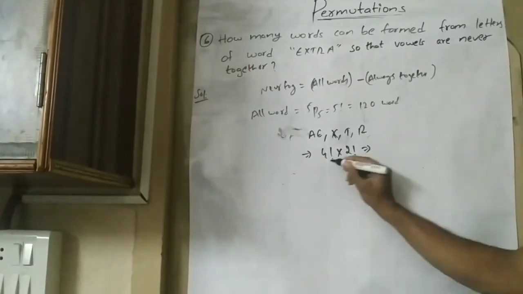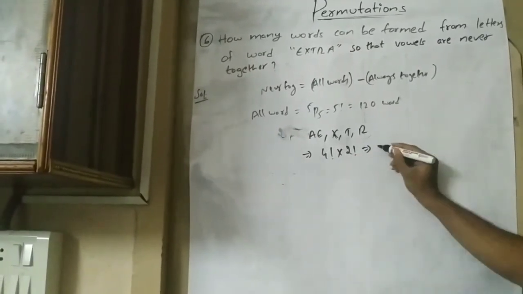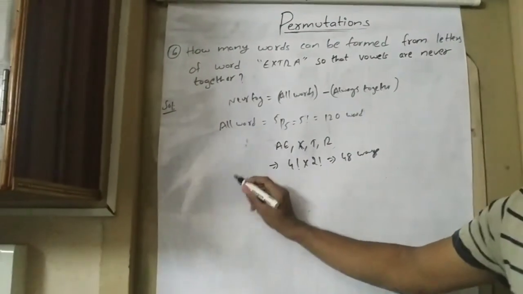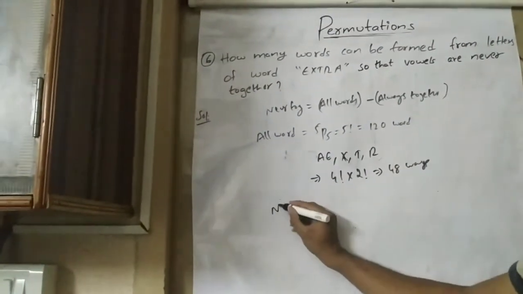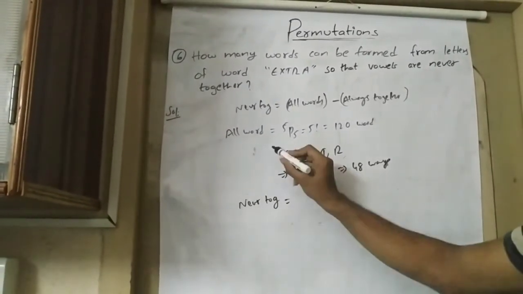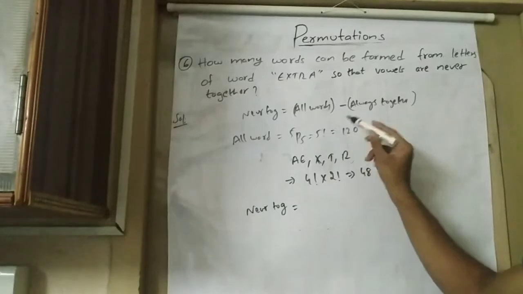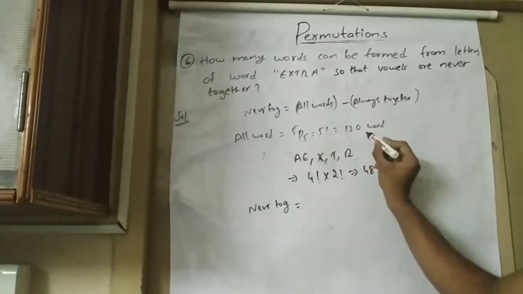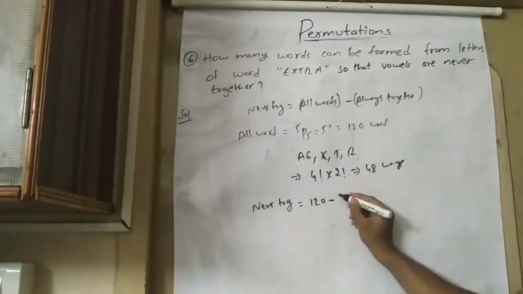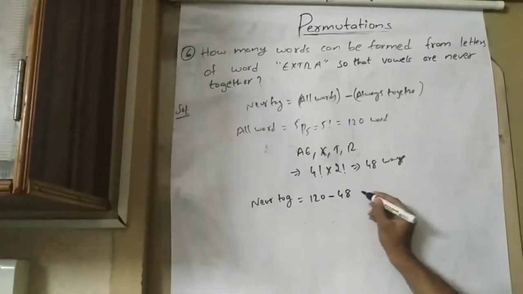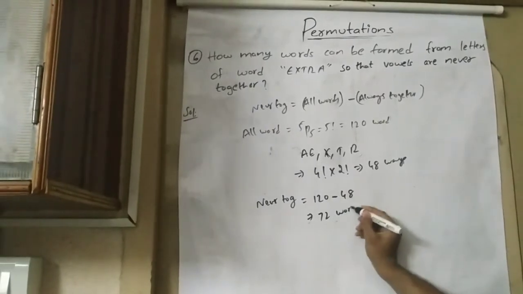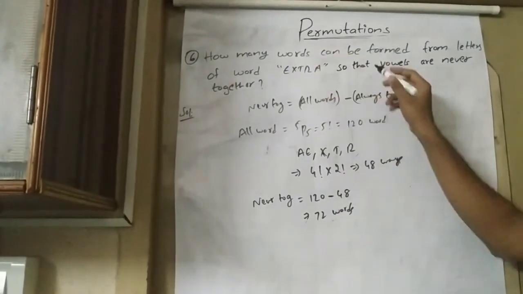So that is equal to 4 factorial, 24, into 2, 48 ways. So AE never together is equal to all possibilities minus always together. All possibilities is 120 and AE always together is 48. So 120 minus 48, that is equal to 72 words. So 72 words can be formed.